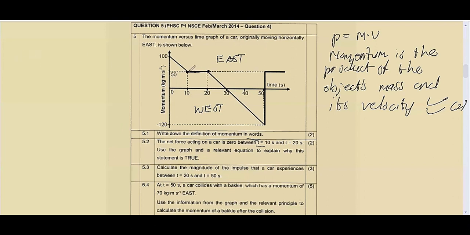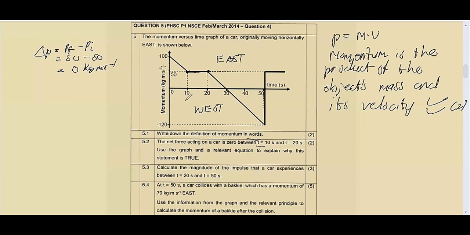Now, if our momentum is constant from 10 seconds to 20 seconds, we can calculate our change in P as PF minus PI. This would be 50 for PF and still 50 for PI. So final momentum minus initial momentum would be 0 kg·m/s.